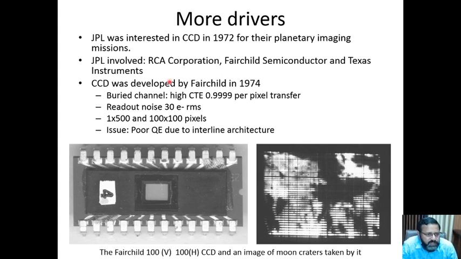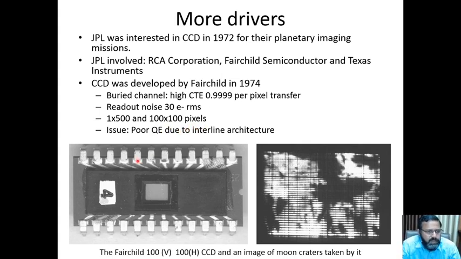At that time Fairchild in 1974 developed a CCD detector which was suitable for astronomy. It had good charge transfer efficiency. The readout noise, the noise generated by the electronics in the CCD, was less, but the main problem was the quantum efficiency, because they used an architecture, interline architecture, which had less active area on the chip.